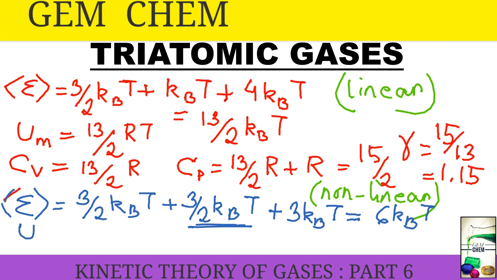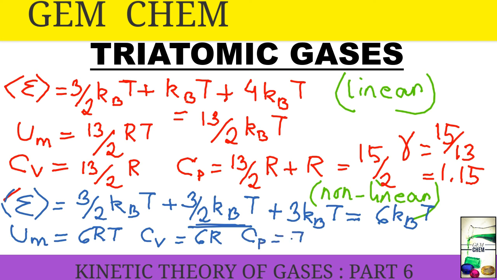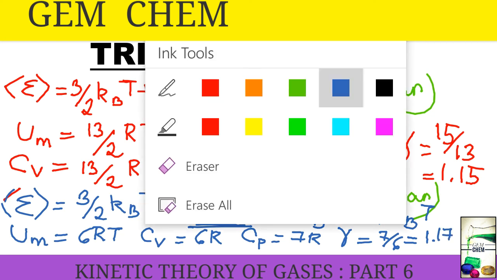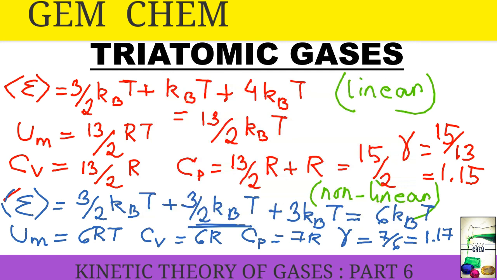So Um is equal to 6RT and Cv equals 6R, and Cp equals 6R plus R, that is 7R, and the gamma value comes to be 7/6, which equals 1.17. So we obtained the values for all of these, for linear as well as non-linear. This is how the molar internal energy and the molar heat capacities are determined.